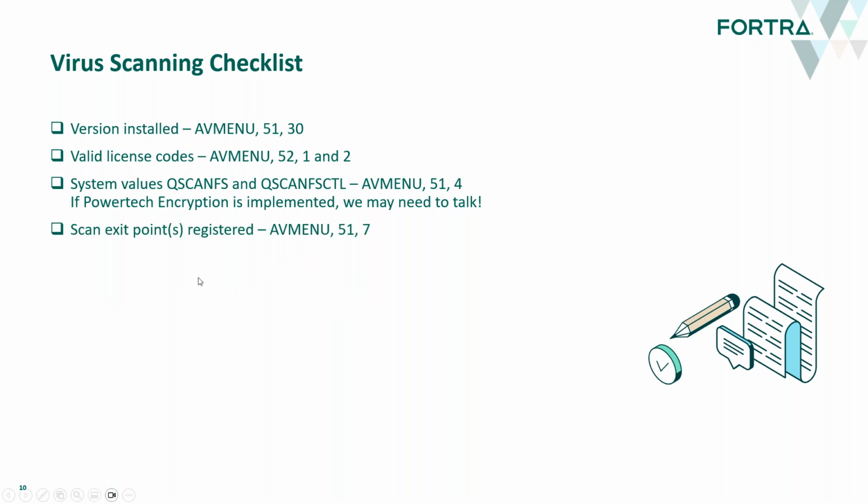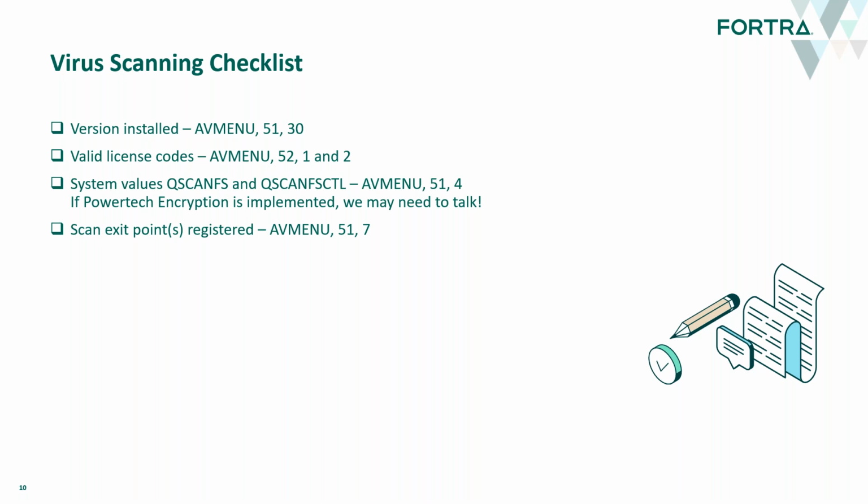Your exit points. So the 2 exit points that IBM added in 2003 to support this virus scanning are the scan open and scan close exit points. So the Powertech Antivirus exit program needs to be registered to at least the scan open.